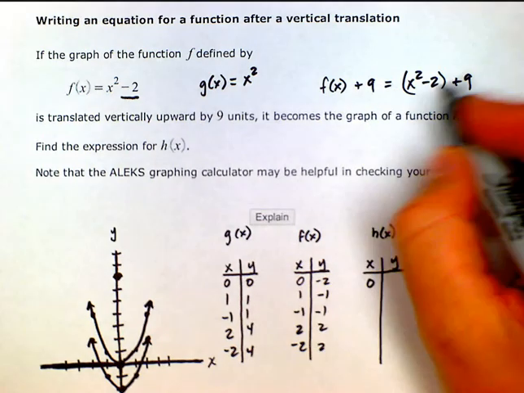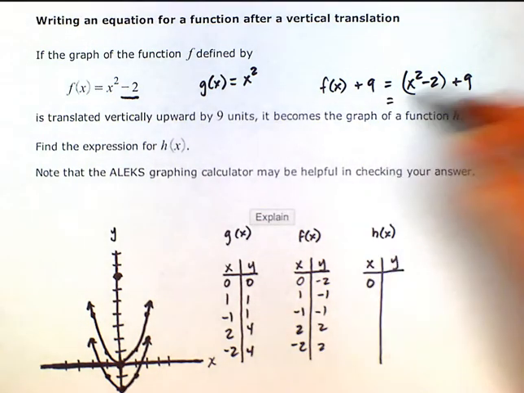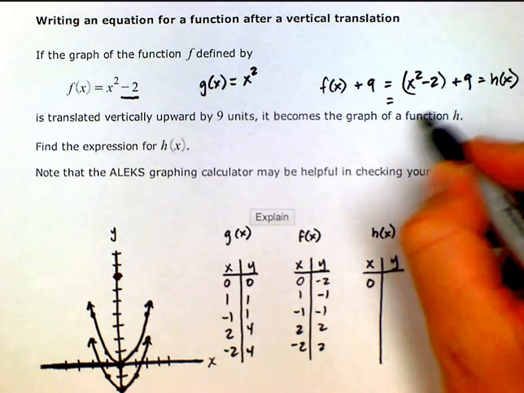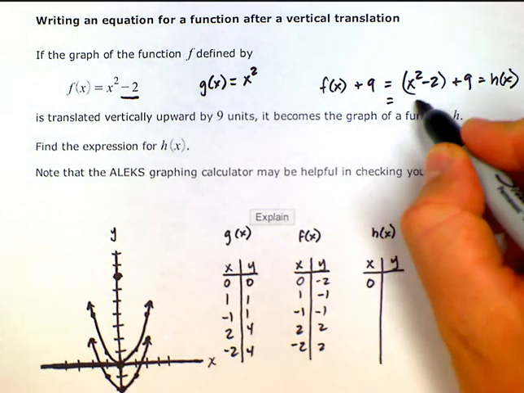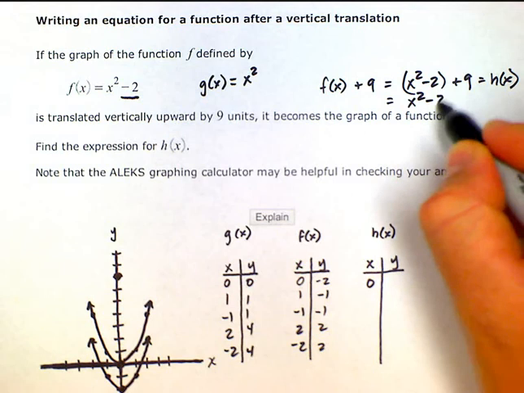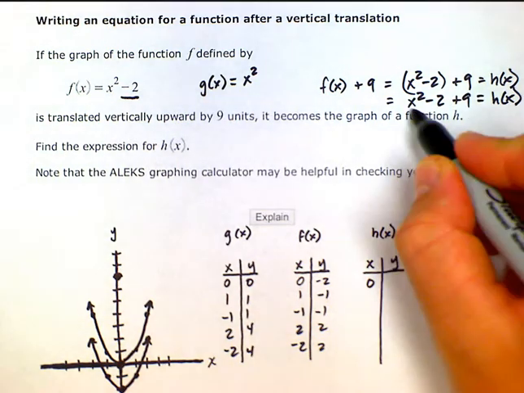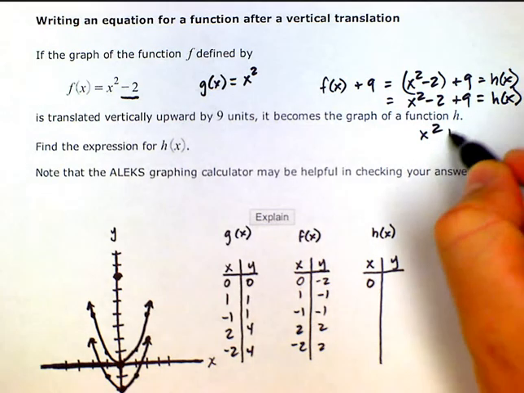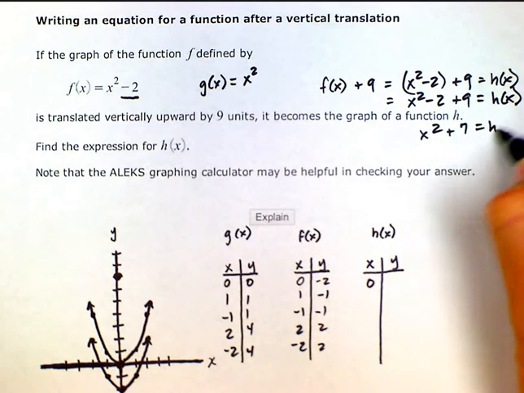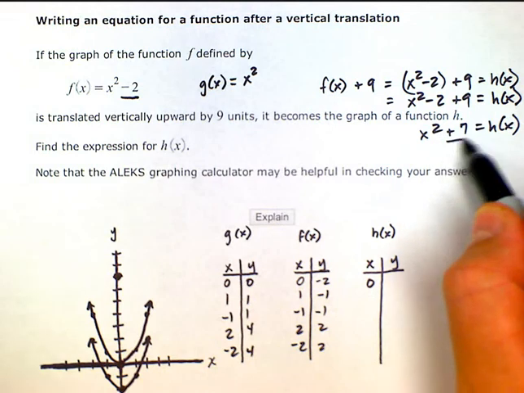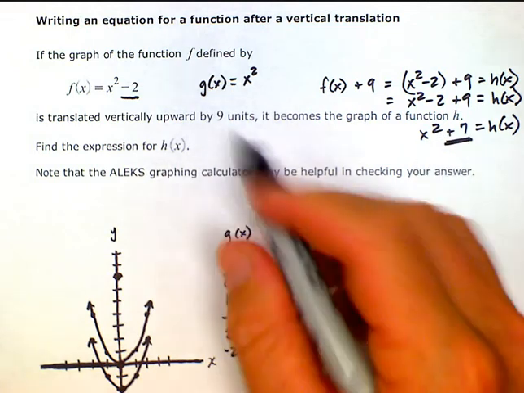And then this is going to equal h of x. And then we can simplify. X squared minus 2 plus 9 is equal to h of x, which is x squared plus 7 is h of x.